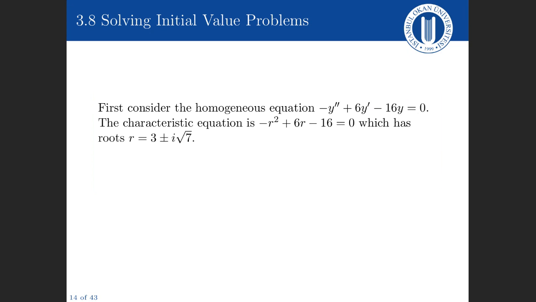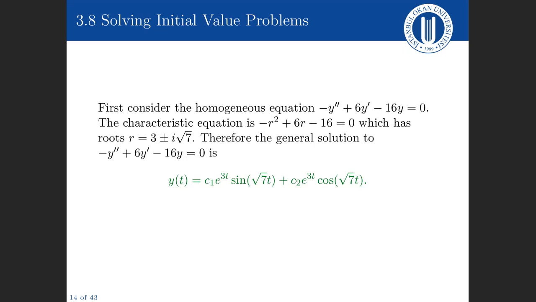We write down the characteristic equation, minus r squared plus 6r minus 16 is equal to 0. And we find the roots, which in this case are 3 plus or minus i square root of 7. As soon as we know the roots, we know the general solution to the homogeneous equation is this function written in green. We'll come back to this later.